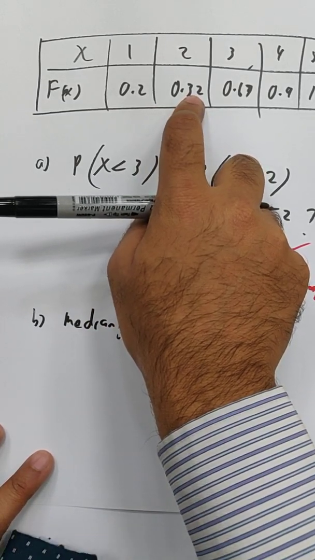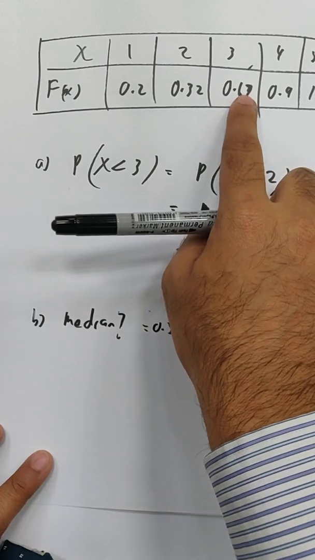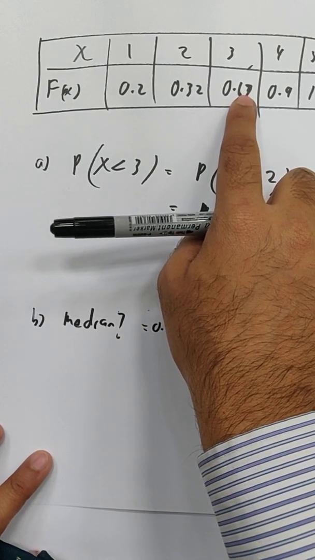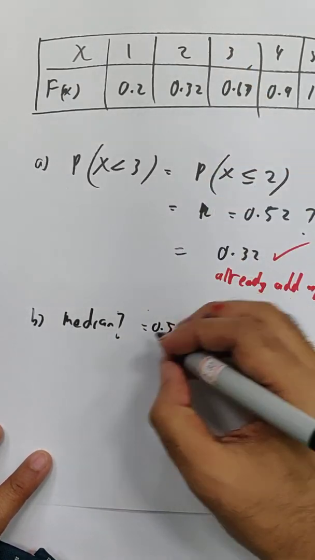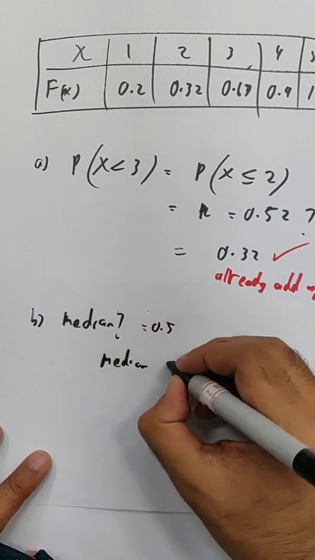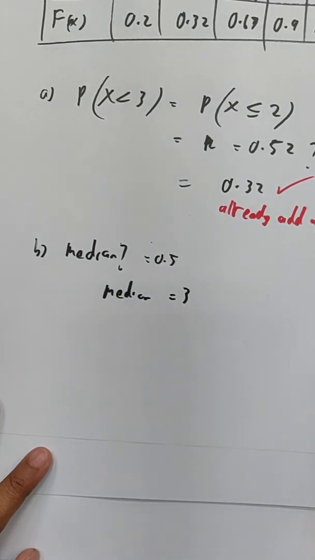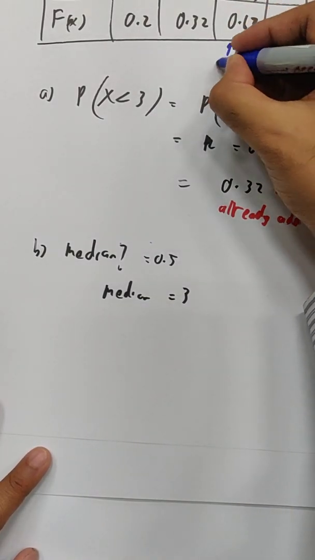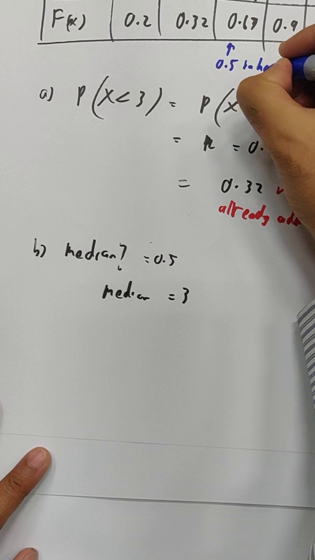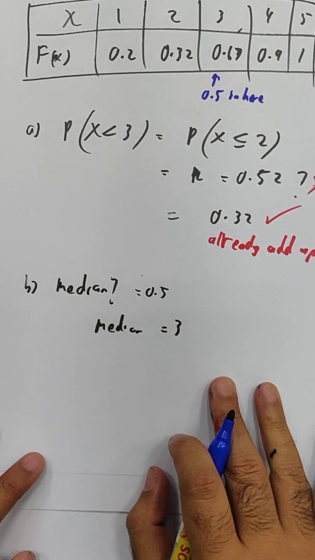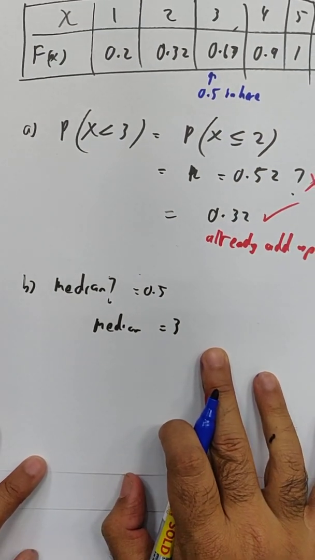Not yet. This is only 0.32. Is 0.5 contained inside here? Yes, 0.5 is inside here. So the answer is 3. Got it? As simple as that.